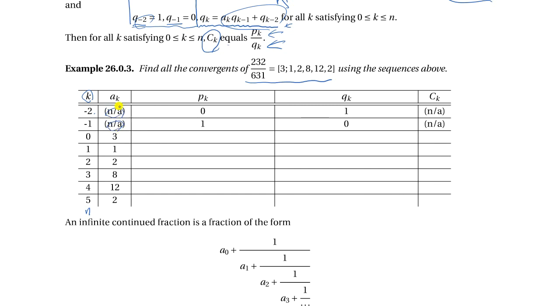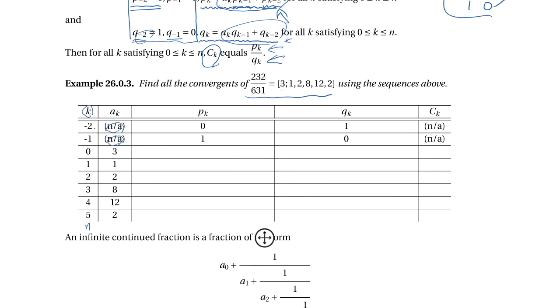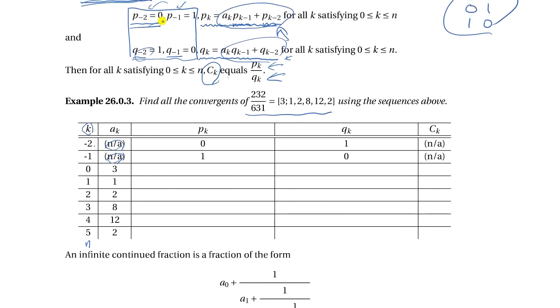For k equals negative 2 or negative 1, we don't have it, right? a sub k starts from a0, so if it's that, then it's 3, 1 like that. And p sub k, q sub k for k equals negative 2 and negative 1 are already fixed, like that. So 0, 1, 1, 0. And C sub k is reasonable when k equals 0, so nothing in there.